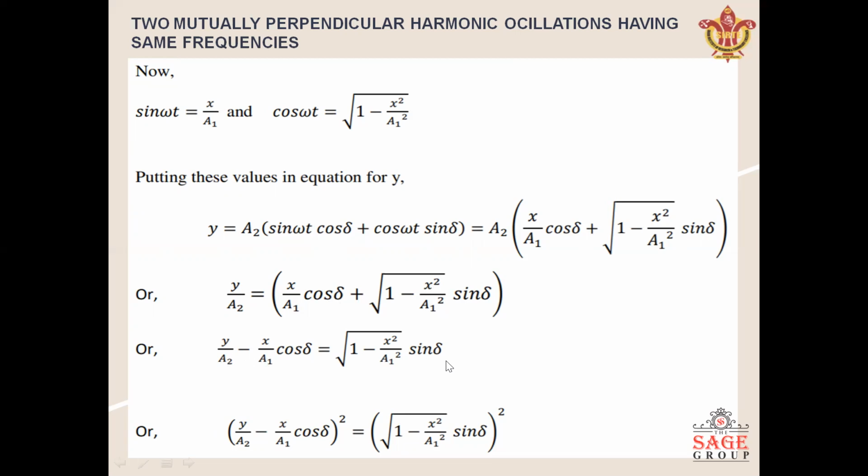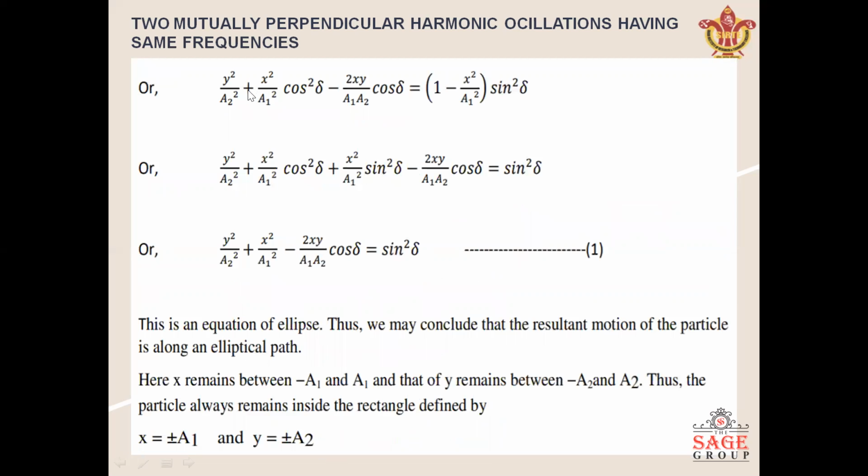Now squaring both sides, left hand side and right hand side, this equation will be written like this. Now we can apply the formula a plus b whole square.